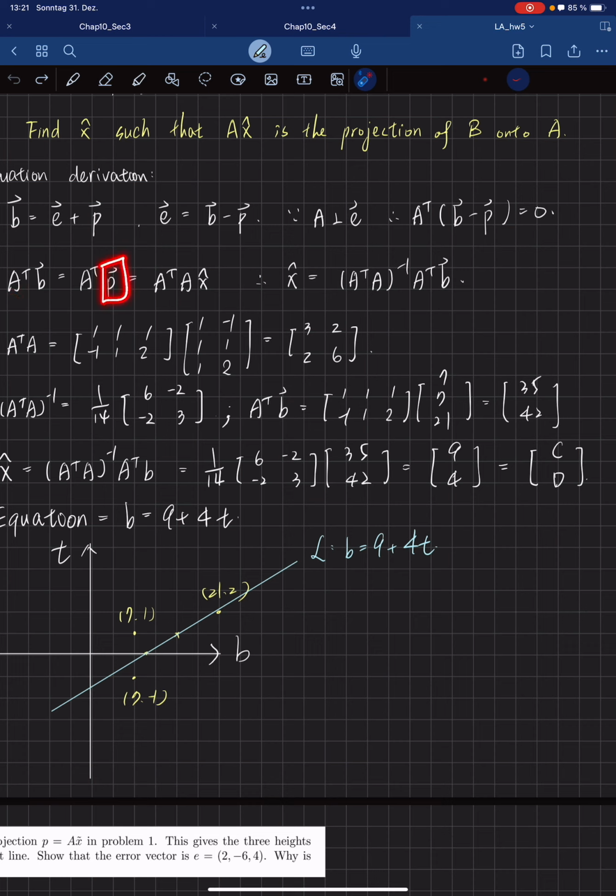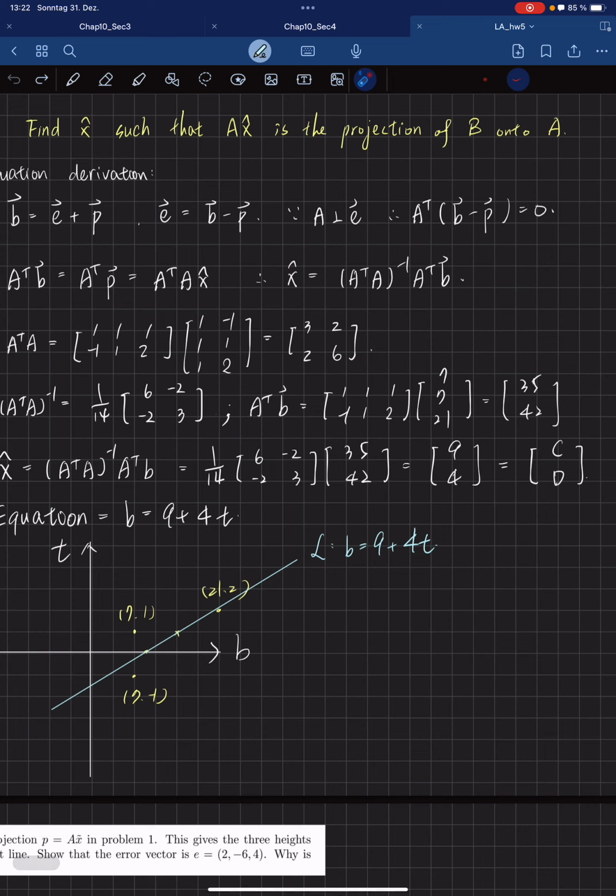Since p can be further denoted as A times a vector x hat, this is in fact A transpose A x hat, because p is a parallel component of the matrix A. That means p is just a scalar times our matrix A. So we can write it like this.